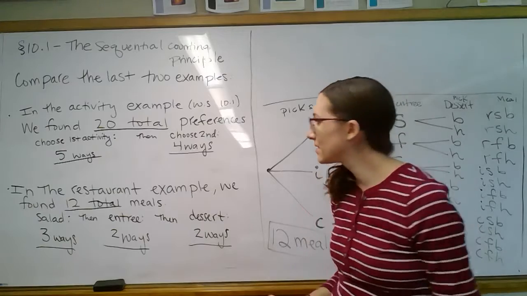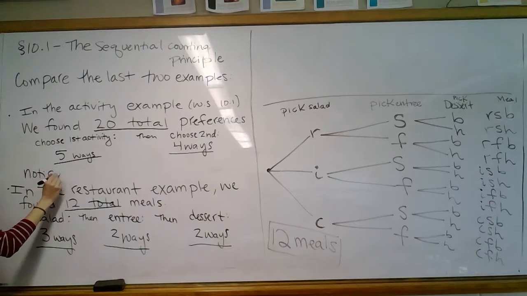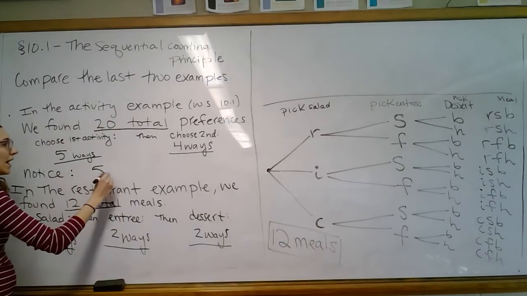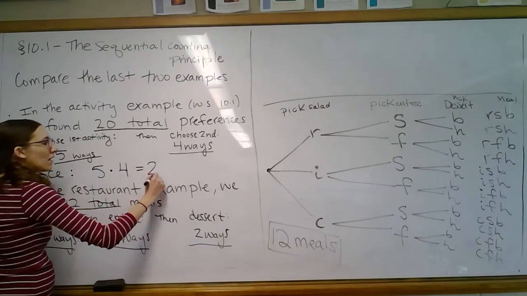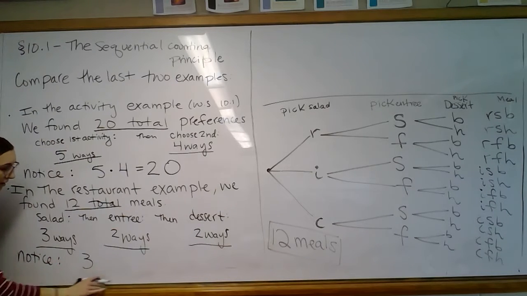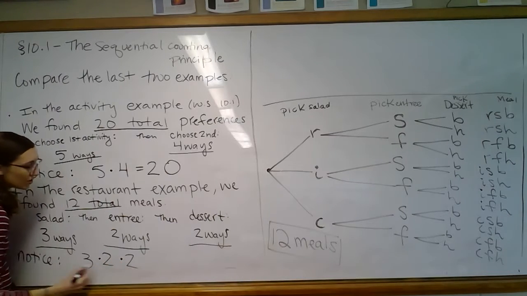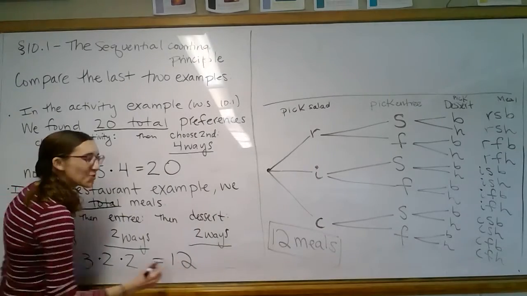Well, notice if I take that 5 and multiply it by 4, I get 20. And down here, notice, if I take the first 3 and I multiply it by the next 2, and then the next 2, 3 times 2 times 2 is 12.